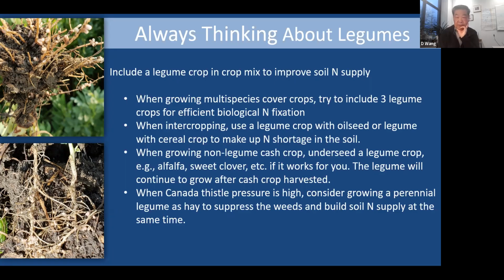Always think about legumes and add legumes into your crop production where and when it is possible, either as a mono cash crop, or part of the intercropping, a penning crop, or shorter season cover crops. May work in some areas, may have difficulties in other places, but always think about that when you do this.